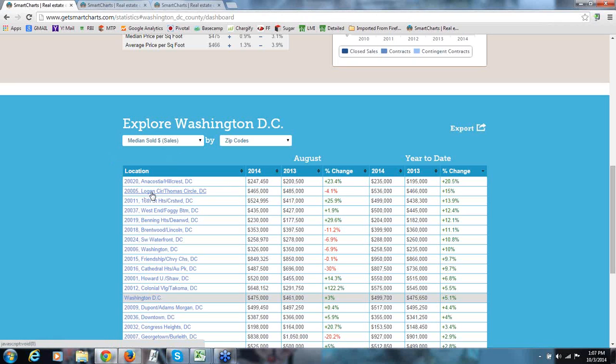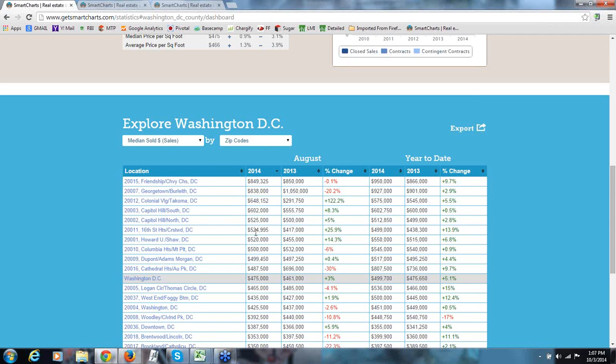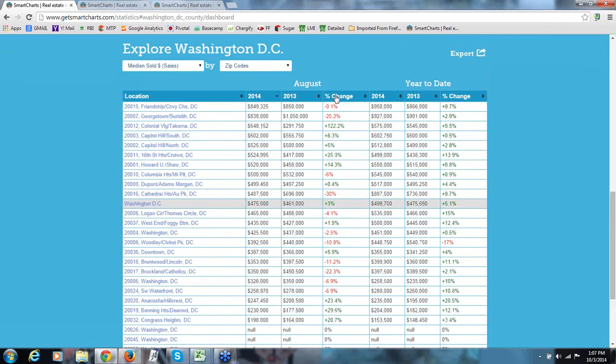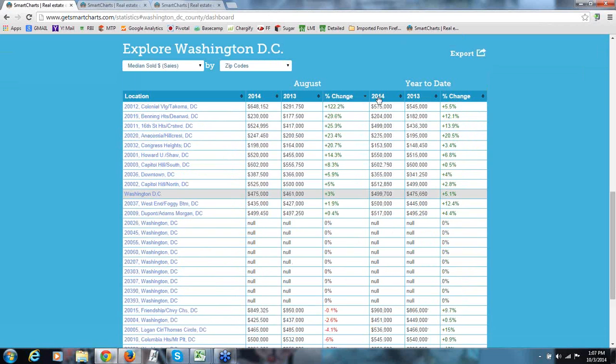He was in Logan Circle, but let's look at, for example, Anacostia. So here I've sorted the city by zip codes, and we can see that Anacostia, while it's not anywhere near the most expensive zip code within the district, is leading here.